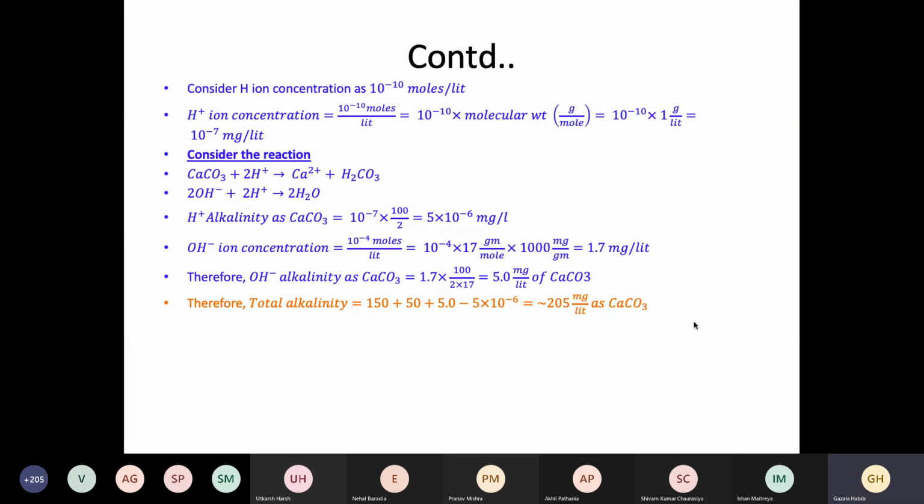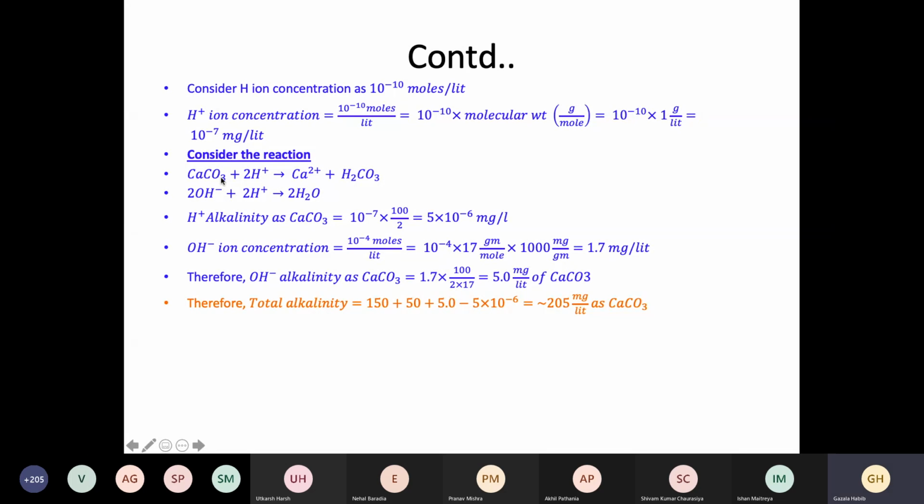If I want to convert it to mg per liter, this is how we can convert it: 10 raised to minus 10 mole per liter multiplied by molecular weight, which is in gram per mole. So gram per liter will come, and then you can convert it to mg per liter. So 10 raised to minus 7 mg per liter is the H plus ion concentration.